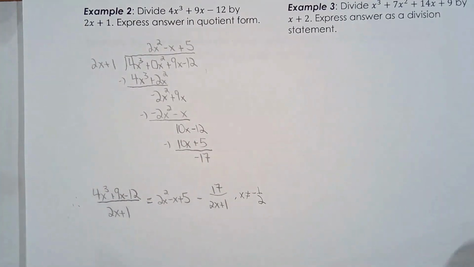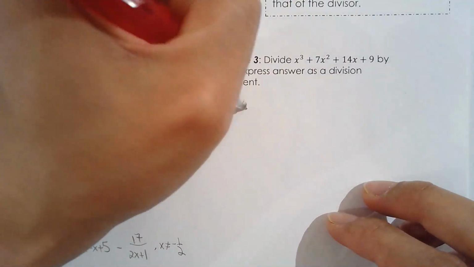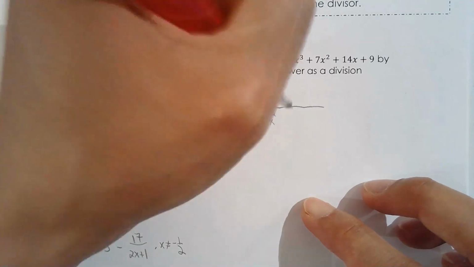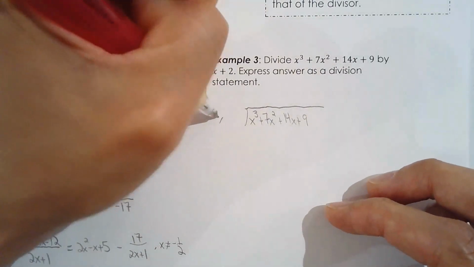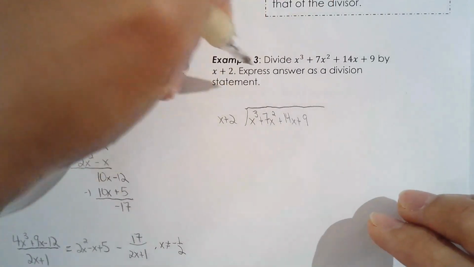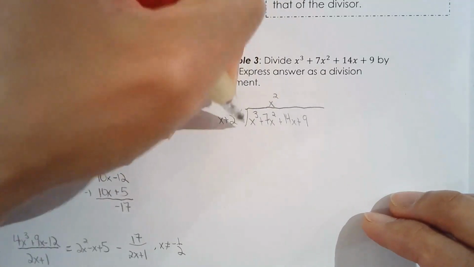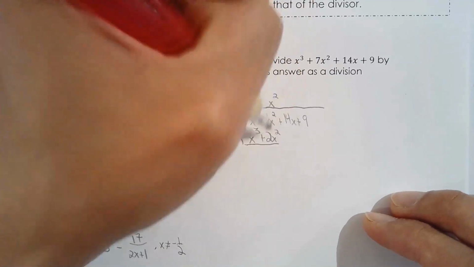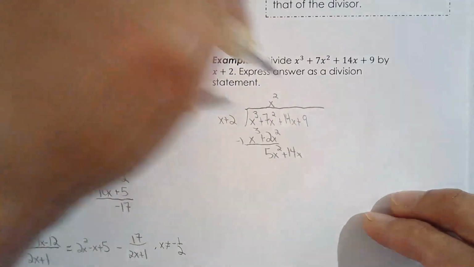Okay? All right. So now we have one more. We have this one. We have to divide x cubed plus 7x squared plus 14x plus 9. Okay, and then we have x plus 2. So x squared, x times x squared is x cubed, and then 2x squared, and then subtract 5x squared, and then bring down the next term, 14x.